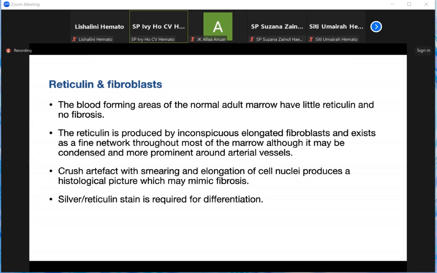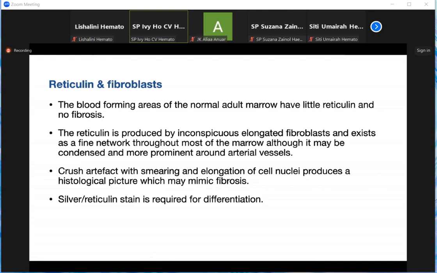And be careful, crush artifact introduced by the procedure when obtaining the bone marrow trephine biopsy will cause smearing and pooling of the cell nuclei, and morphologically it will look very similar to fibrosis.